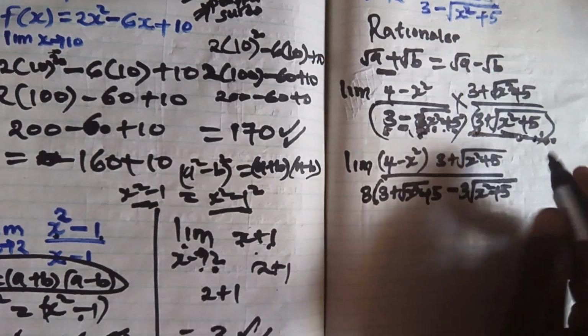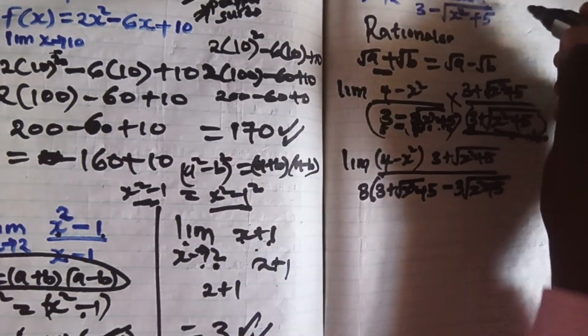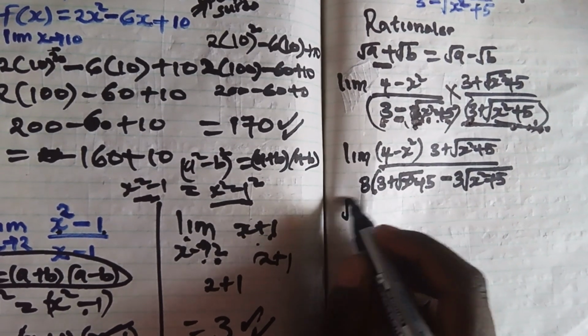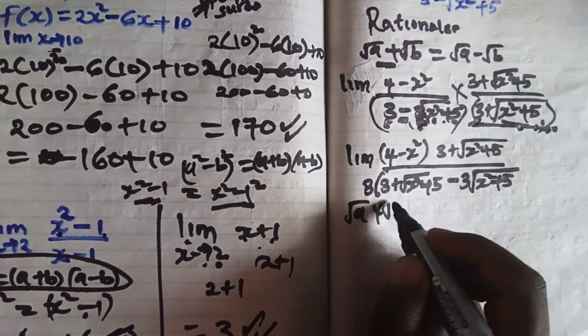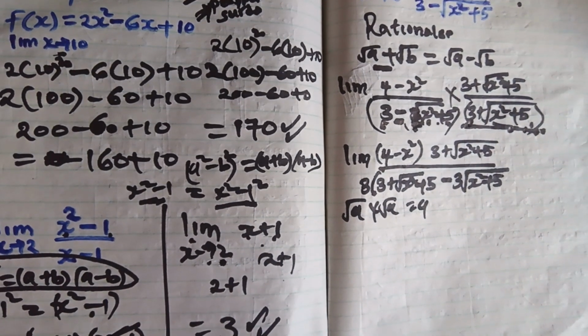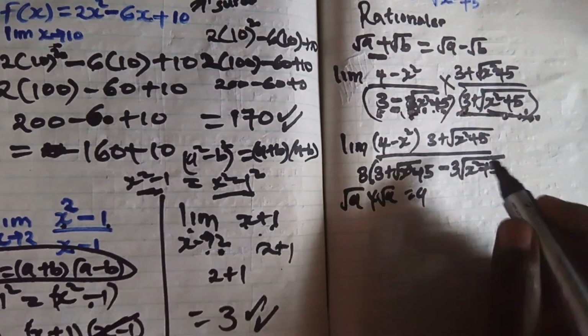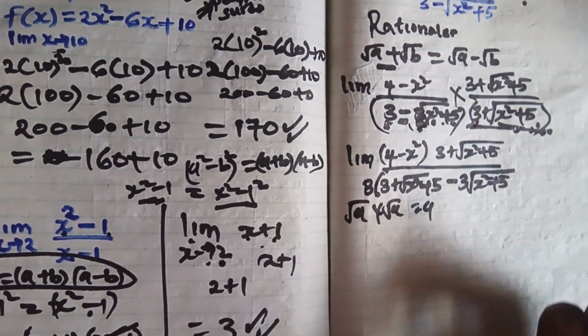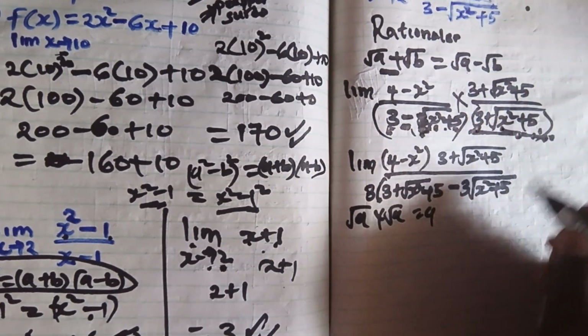As usual, when we multiply the root of a by the root of a, it should give us a. So here we expect that the root sign will disappear, and we remain with x squared plus 5.